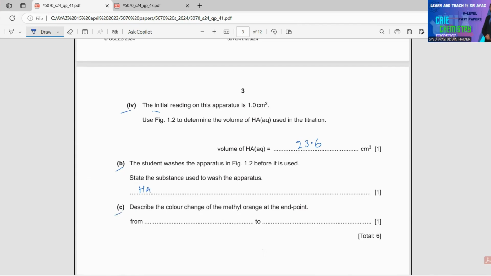C. Describe the color change of methyl orange at the end point. So initially the color must be in alkali. You are adding acid to this alkali. So what will be the color of methyl orange in alkali? It's yellow. And as you have added acid, the color will change to red or pink.